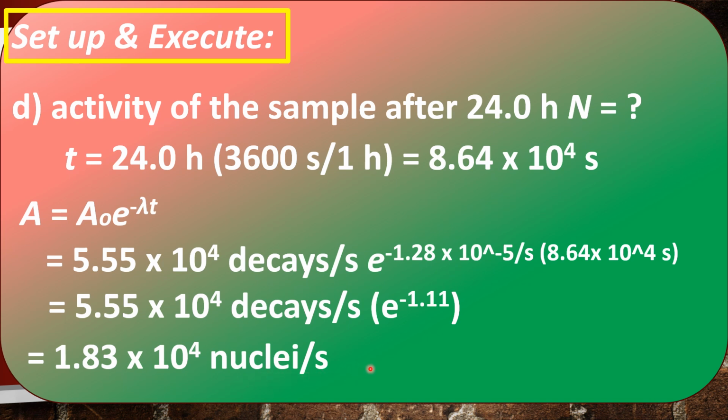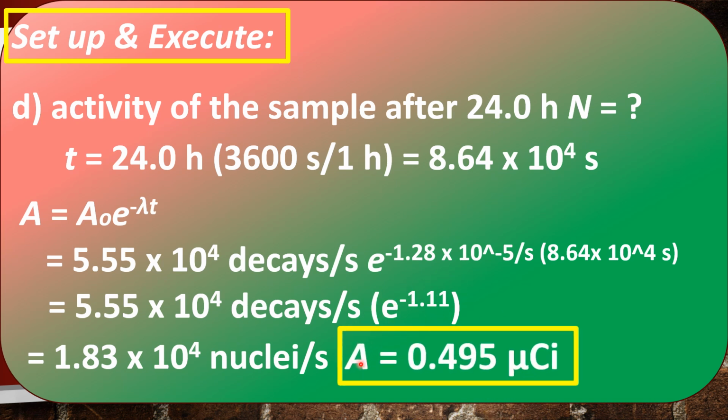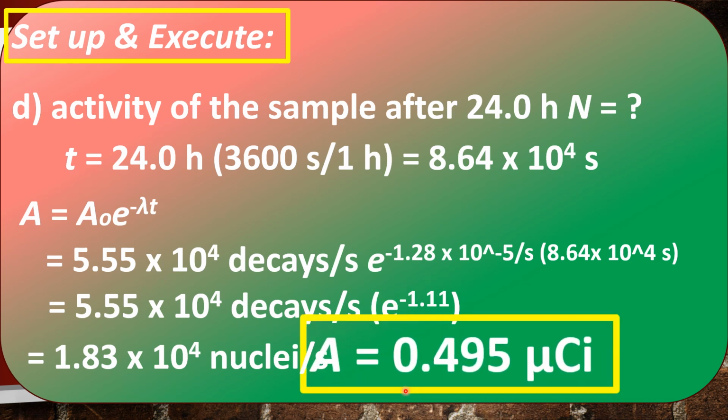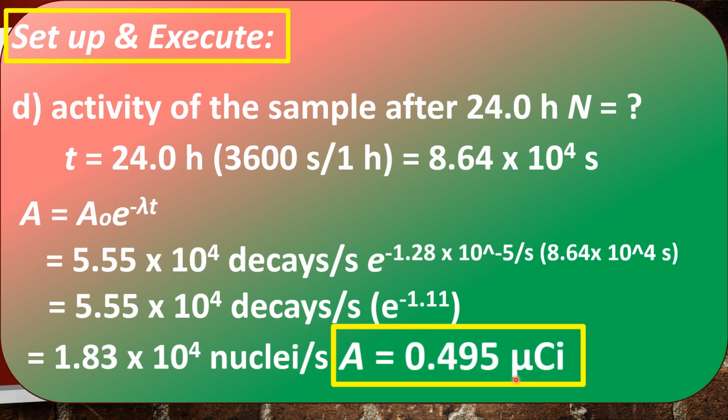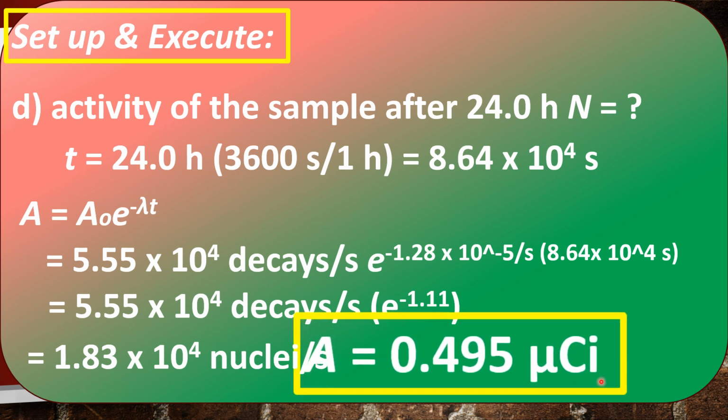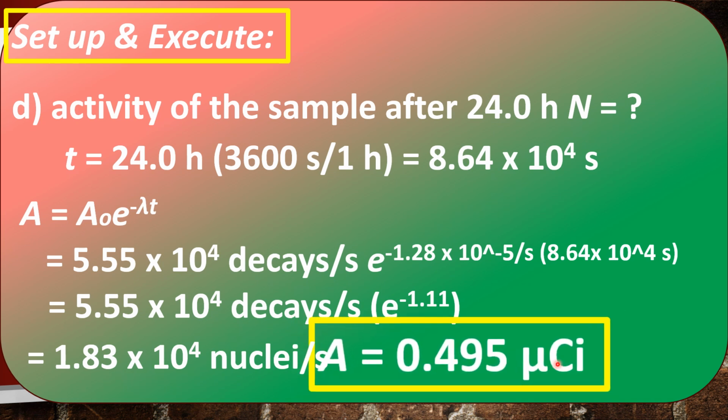So when you convert this to microcurie, we get the activity capital A equal to 0.495 microcurie in 3 significant figures.